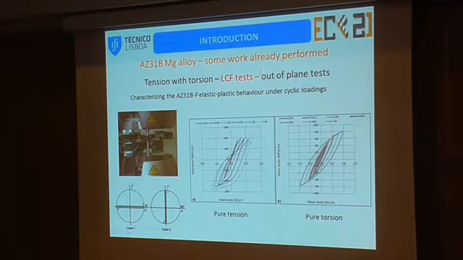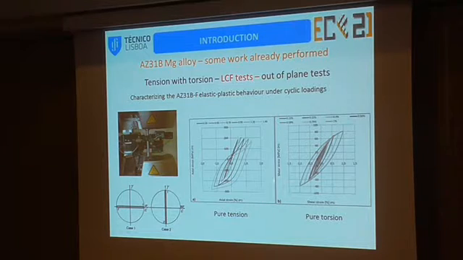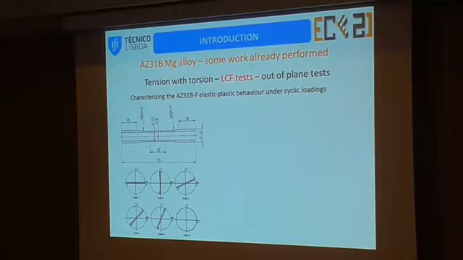Concerning now the LCF tests, we have also made some tests, as you can see here, in pure torsion and in pure tension-compression. We observed that we have different behaviors. We can have a kind of asymmetric behavior in the case of pure tension. This is called twinning.